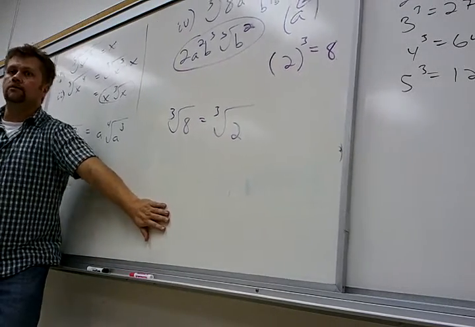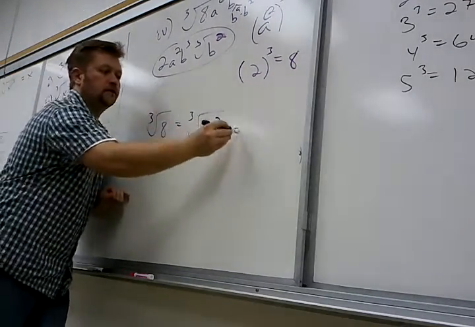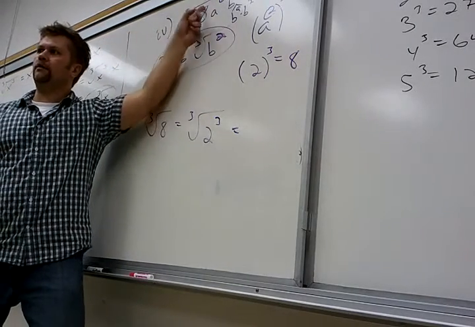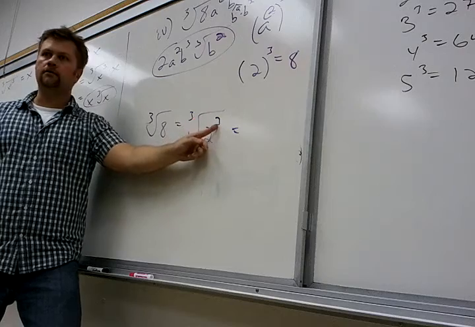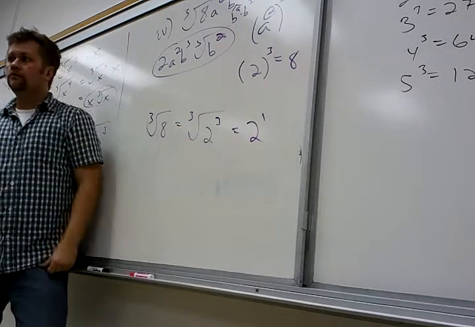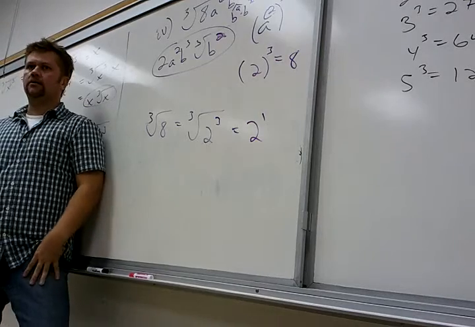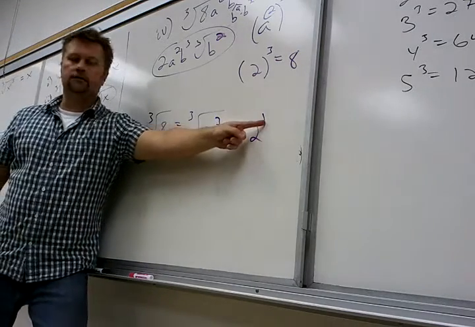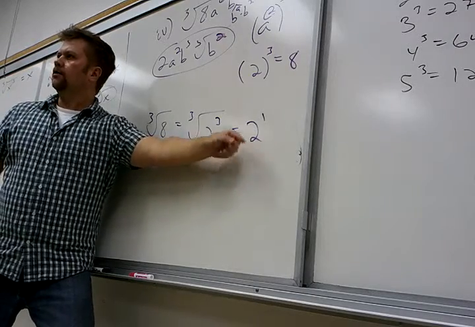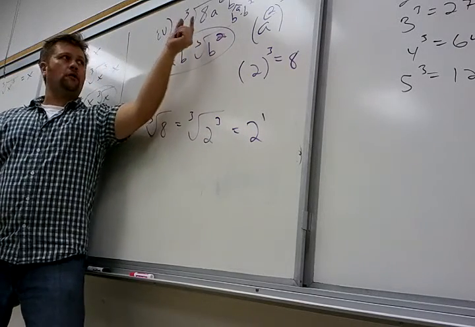You guys with me? 2 cubed is 8. Now, since I wrote it in the same form as these, it will work the same way these would. 3 goes into 3 once with none left over, right? There's no remainder. 3 goes into 3 once. And we know the cube root of 8 is 2. So it's the same thing as we had before.